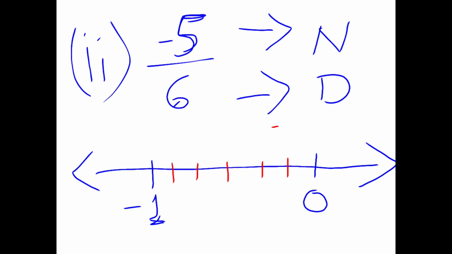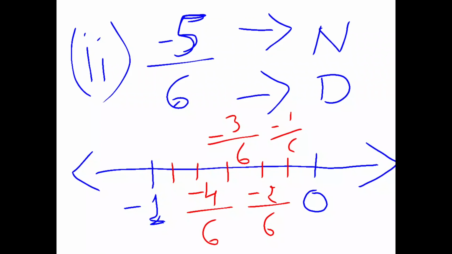First part will be minus 1 by 6. Second will be minus 2 by 6. Minus 3 by 6. Minus 4 by 6. Minus 5 by 6. So this is our minus 5 by 6 on the number line.